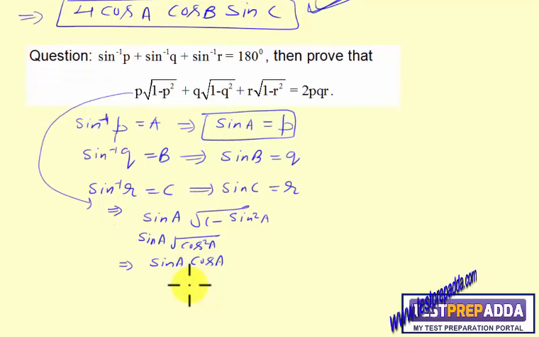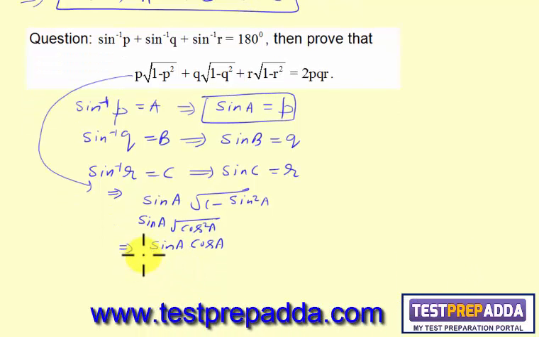Now if I multiply and divide with 2, 2 sine A cos A becomes what? Sine 2A. So we have converted this P root (1 minus P square) term into sine 2A by 2.